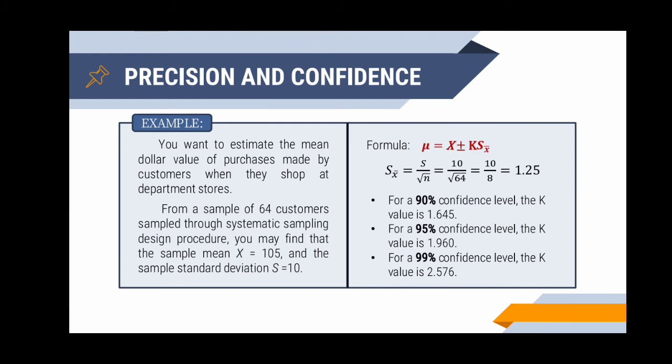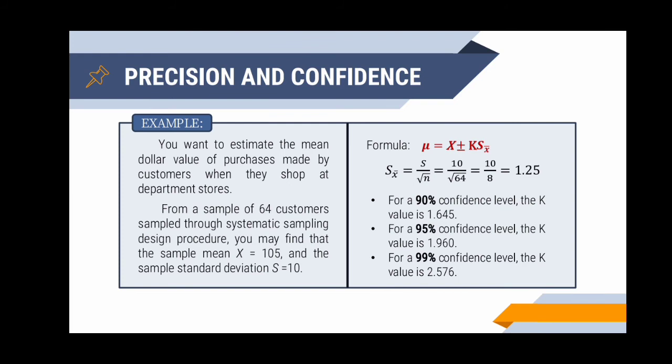And yung population mean is computed as the sum or the difference of the sample mean, denoted as X, and the confidence interval, or yun yung the product ng standard error and the statistics.